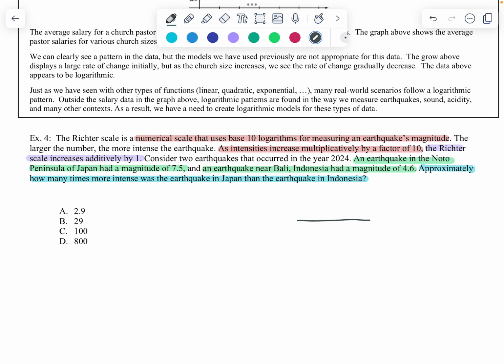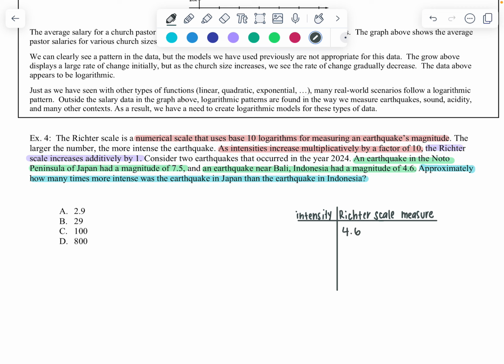So if we make a table to help ourselves, our X is our intensity. And our Y is our Richter scale measure. So we know that the measure of one of our earthquakes, the earthquake in Bali, was 4.6.